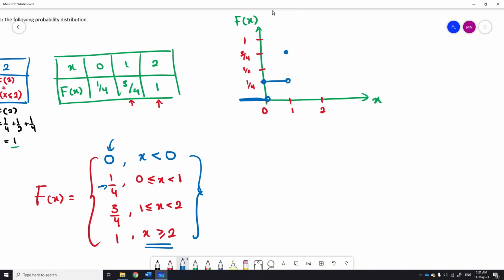So right over here is a bold circle because it's equal to 1, until x is less than 2, so a hollow circle for 2. And then the last one, x bigger than or equal to 2, where the value of F(x) is equal to 1, a bold circle and it goes on for x bigger than 2.